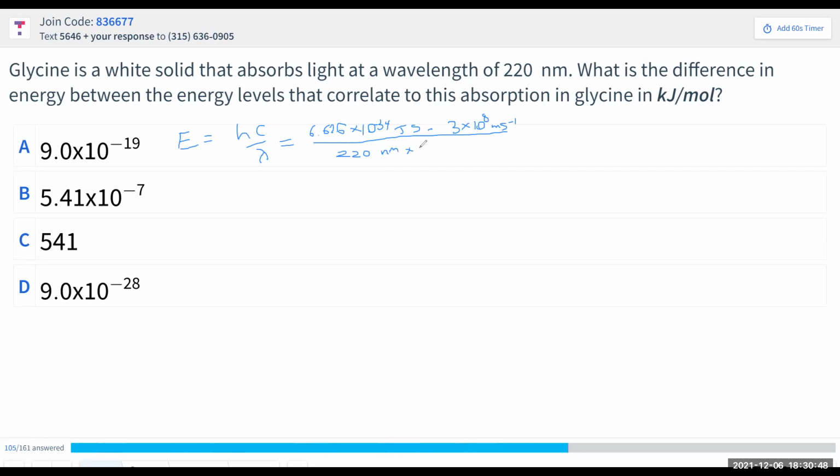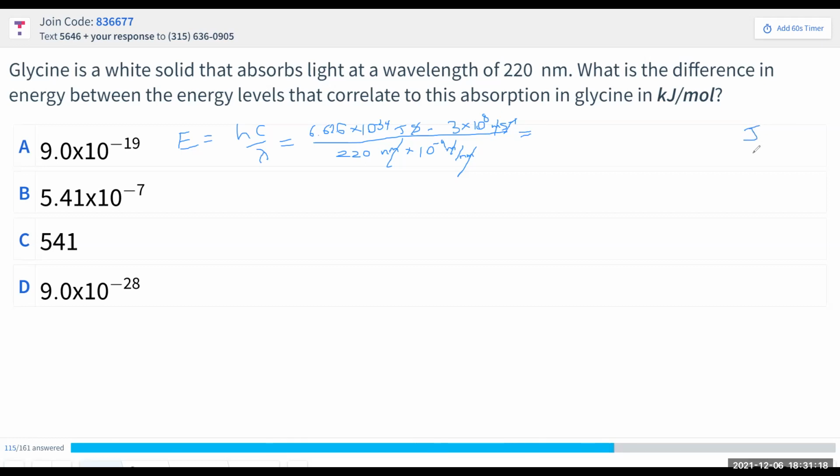But we need to convert nanometers to meters, otherwise the units do not match. To convert nanometers to meters, we multiply by 10 to the power of minus 9 meters, because that's how many meters we have in a nanometer. So nanometers cancel out, meters cancel out, seconds cancel out. You're going to get an answer in joules.